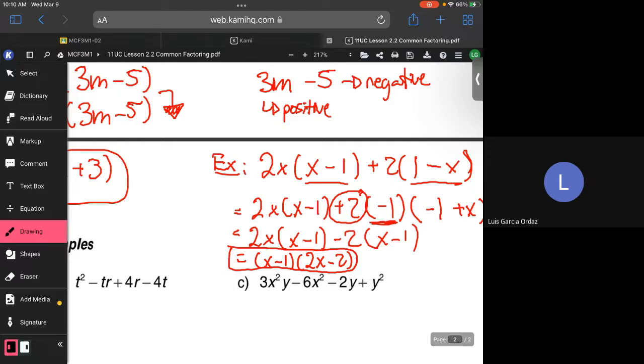Ashton, how did you go from the negative 1 plus x and change it back to x minus 1? Because my x is positive, right? So in x minus 1, my x is still positive and my 1 is still negative, which is why I can rewrite it like that. Because you always want the variable first and then the constant at the end.